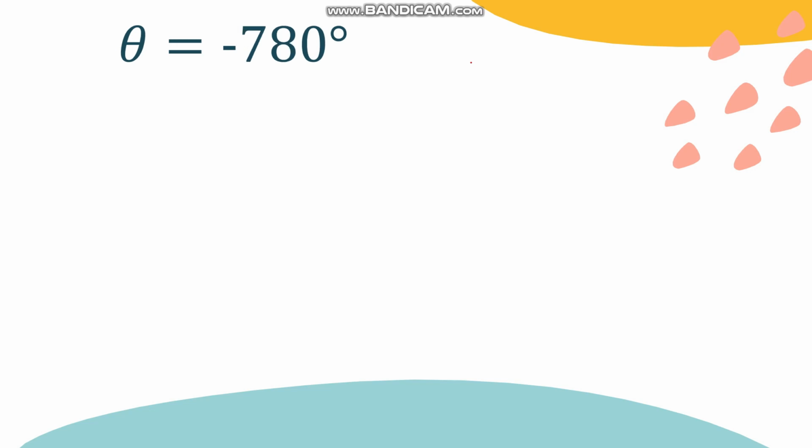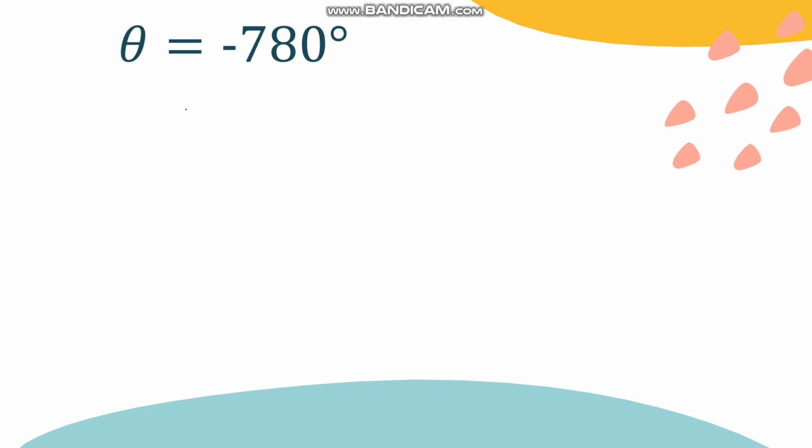Another example, let's have negative 780 degrees. Now we have to identify the reference angle of negative 780 degrees. But since this is negative, we have to identify first a positive coterminal angle of this given angle.